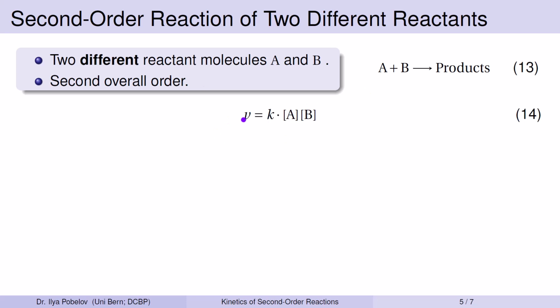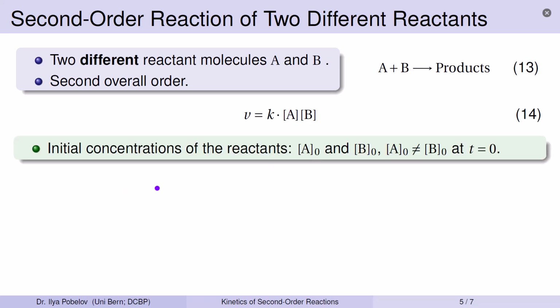The rate of reaction V is directly proportional to the product of the concentrations of A and B. We denote initial values of the concentration of both reactants as [A]0 and [B]0. Importantly, for the following derivations to be valid, they should be unequal.